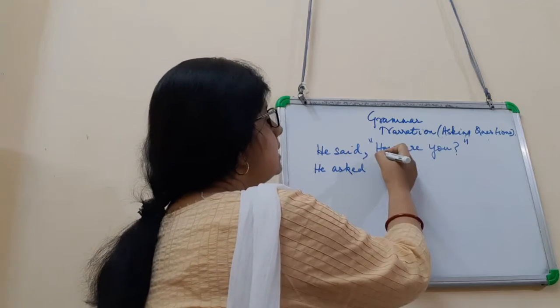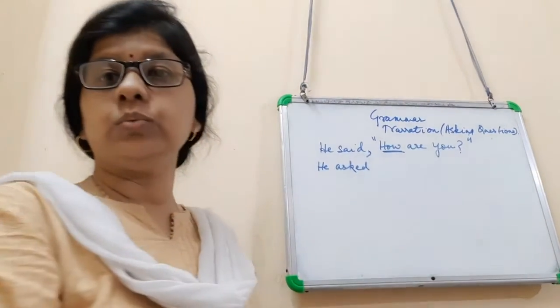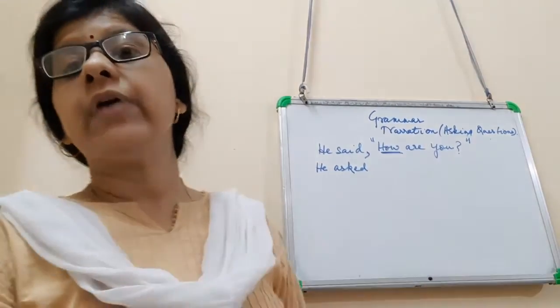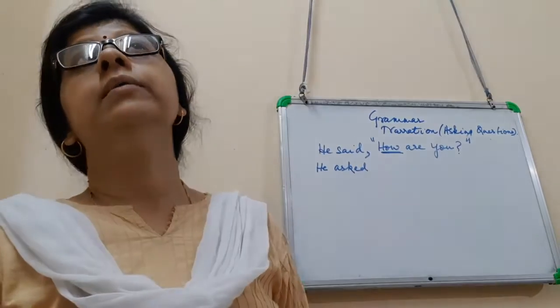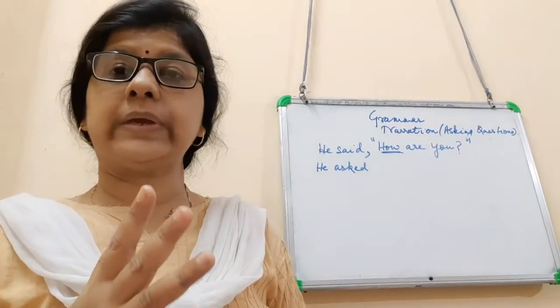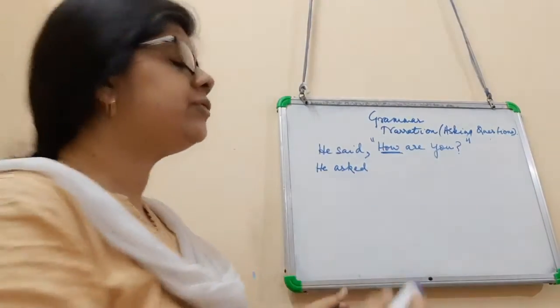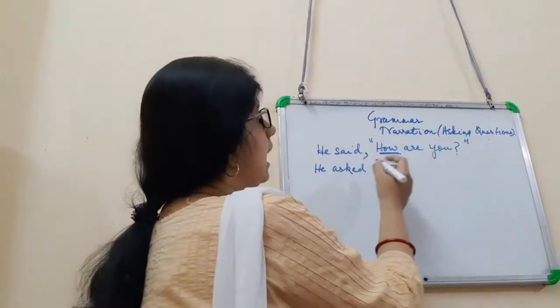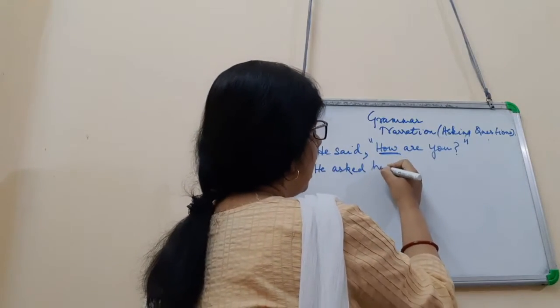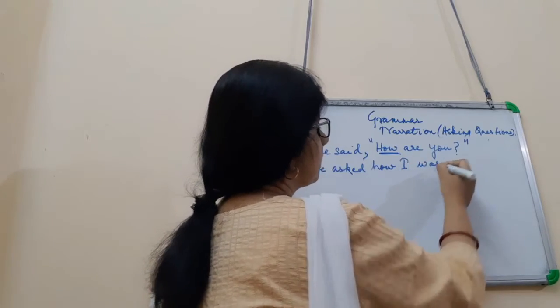This is a WH question word: where, when, what, which, how. All of these are WH questions. When they are WH questions, it remains the same. So he asked how I was.